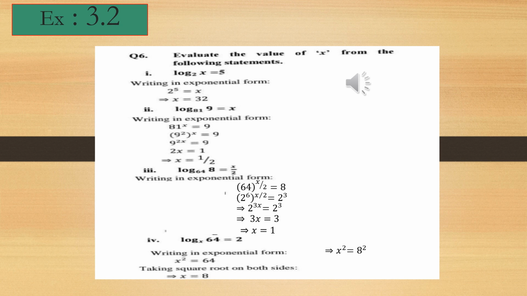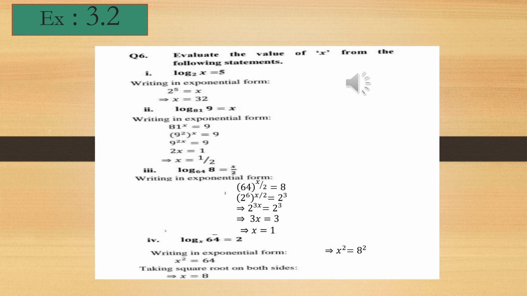On the right hand side there is 9. So on the left hand side we will also convert the number with base 9. And you know that 81 is the square of 9. So we will change 81 into 9 square. In the next step, our equation becomes 9 raised to the power 2x is equal to 9 to get the base the same.